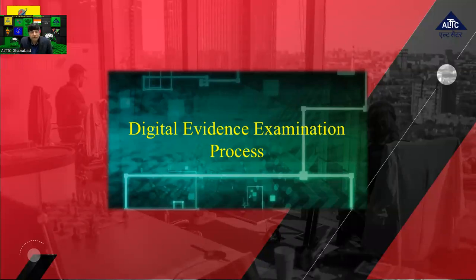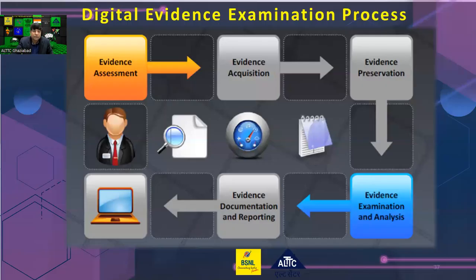Now we go for the next topic, the digital evidence examination process. Here is some idea of the process when you are collecting from a forensic point of view. One by one, the steps are on your screen.